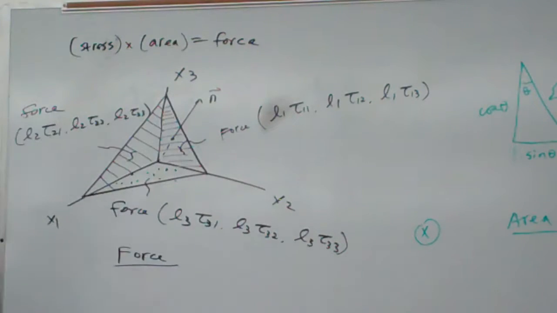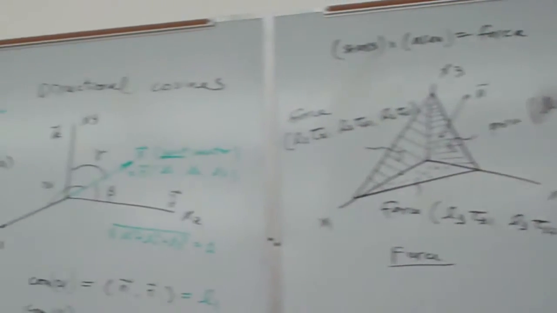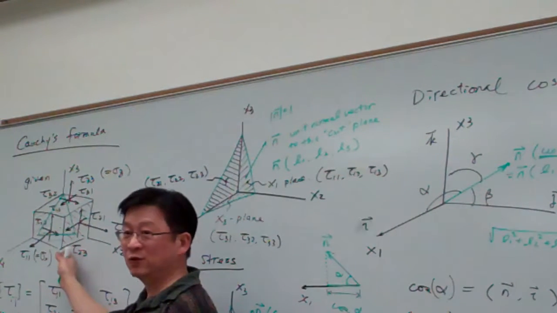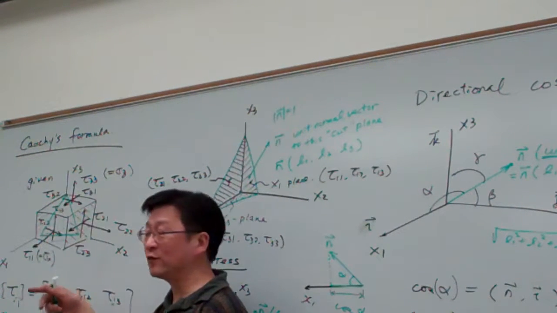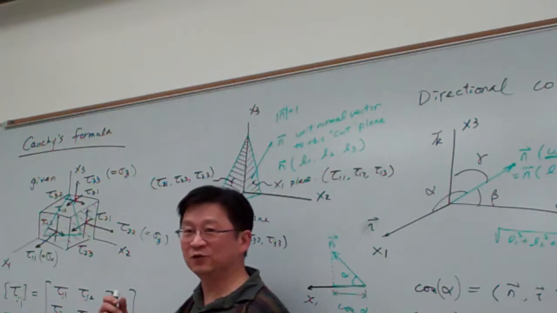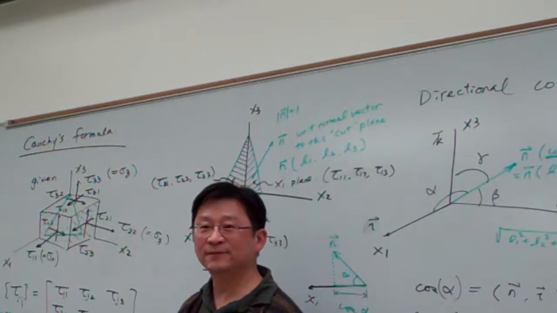Because we are given a stressed, deformable object, once we cut into the free body diagram, right away we know that on any inclined plane there should exist reaction forces, right?